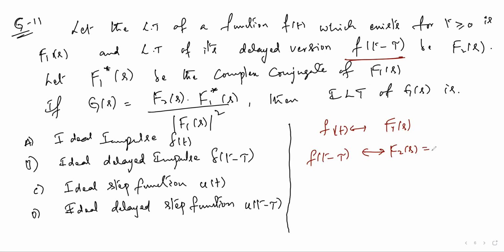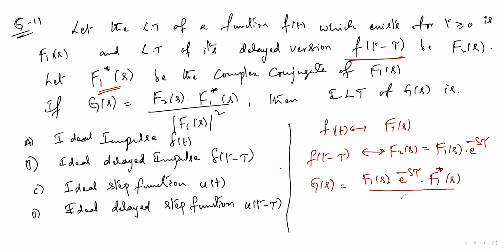Then what is F2 of s? F1 of s into e power minus s tau, exponential multiplication in the s domain over delayed time domain. Then F1 complex conjugate is as given. G of s expression consider. F2 of s is F1 of s e to the power of minus s tau, and F1 complex conjugate of s divided by magnitude of F1 of s whole square.